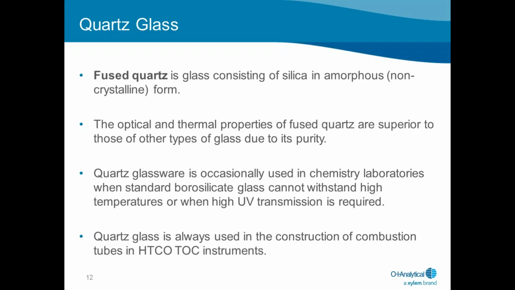Quartz glass is occasionally used in chemistry laboratories when standard borosilicate glass cannot withstand high temperatures or when high UV transmission is required. Quartz glass is always used in the construction of combustion tubes in combustion TOC instruments.